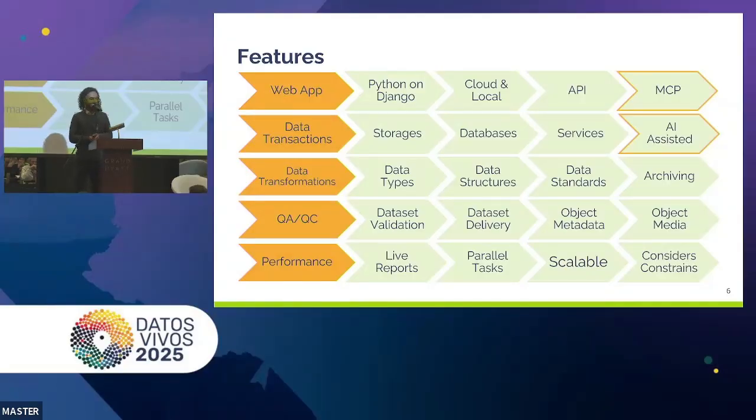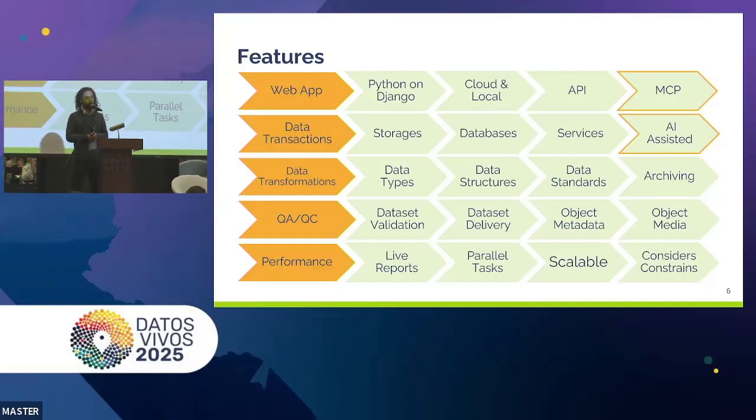You can apply different data transactions between different services, data transformation between different data types, structures and standards, archiving, for example, quality assurance for dataset validation and delivery, and quality control for objects, media, and metadata.